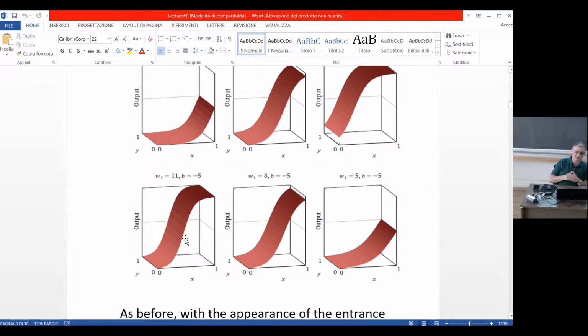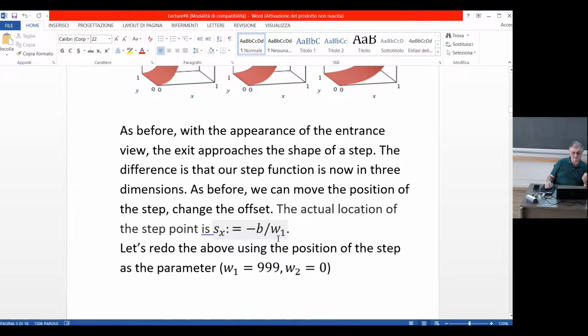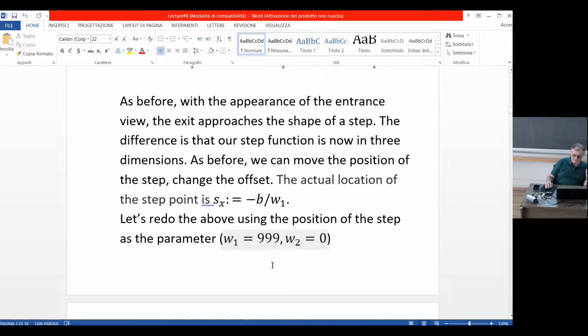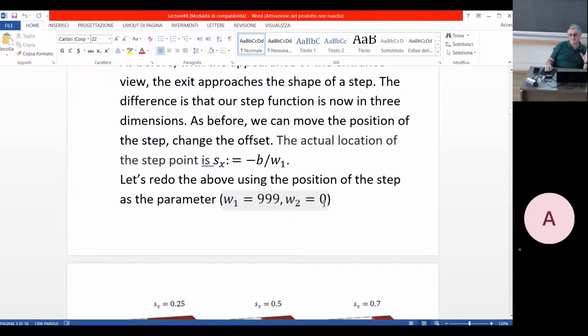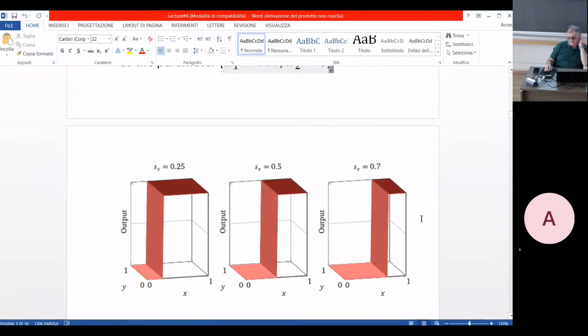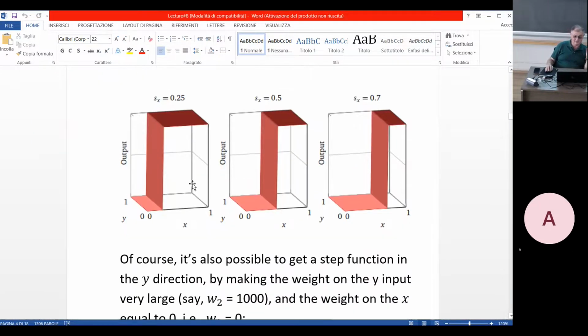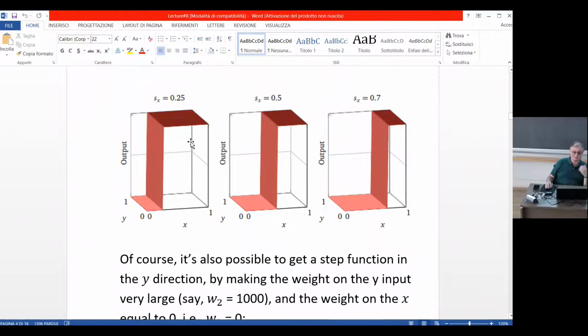So in the ideal case, if we put a big enough weight coefficient, we can arbitrarily position it as we want, but it should be a very, very big value. And the second one, we annul, meaning its value is equal to 0. So we have some step function, now the three-dimensional step function.